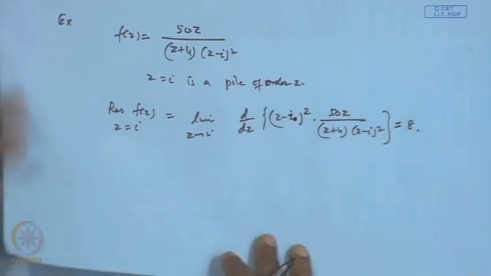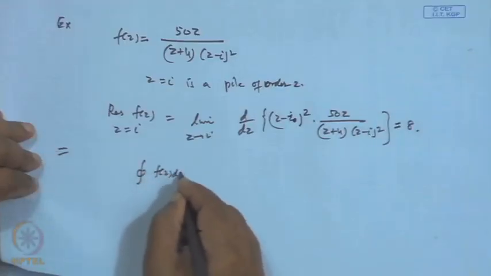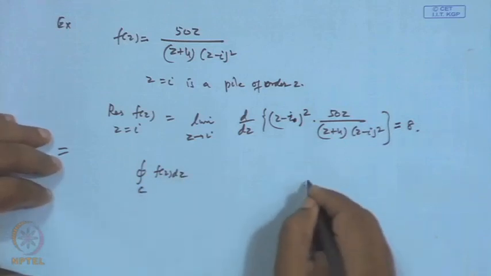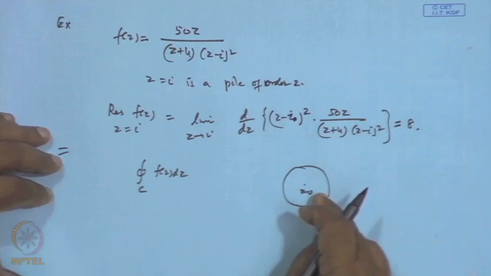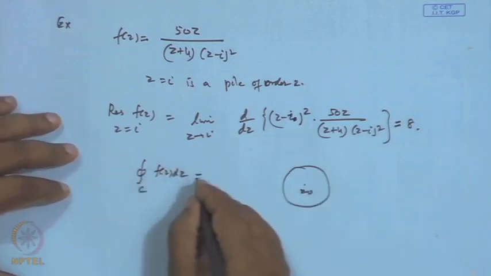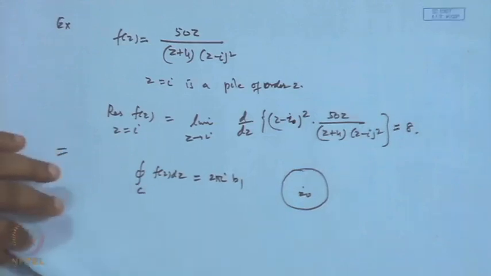Okay. So, if the function is given and it is asked to find the residue, it is easy to apply either this formula or this one. Hence, if the integral of f(z) is required along a closed curve C, which encloses the point z naught as a singular point, then one can easily find the value as 2 pi i into b1, as we have discussed earlier.